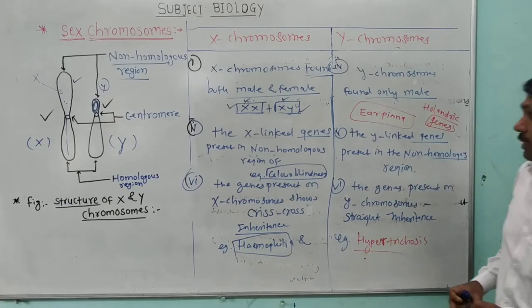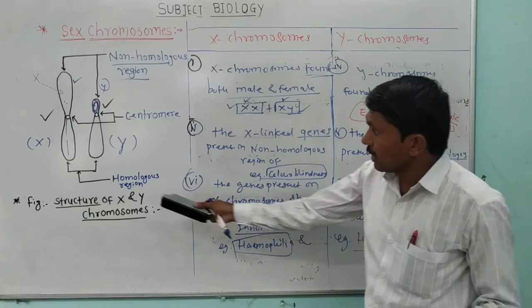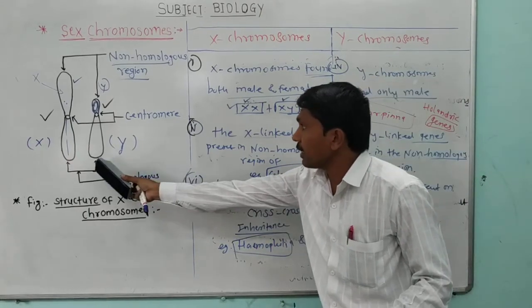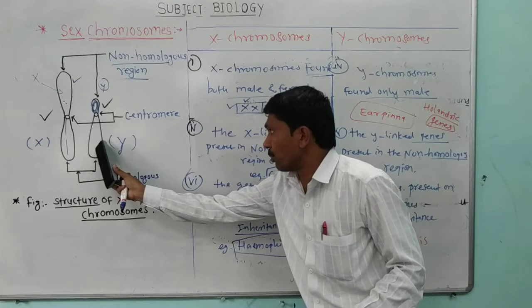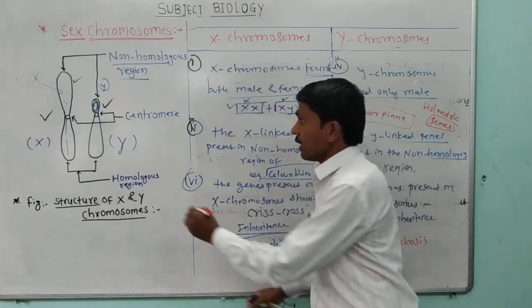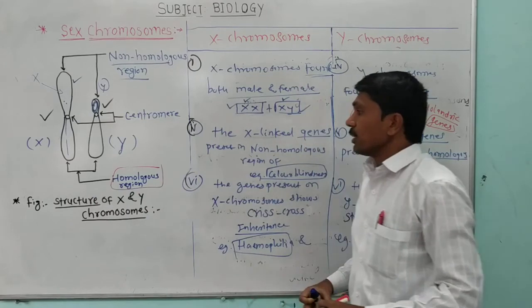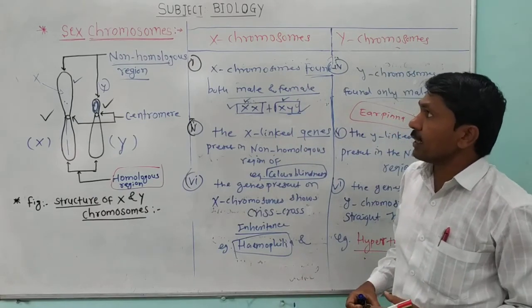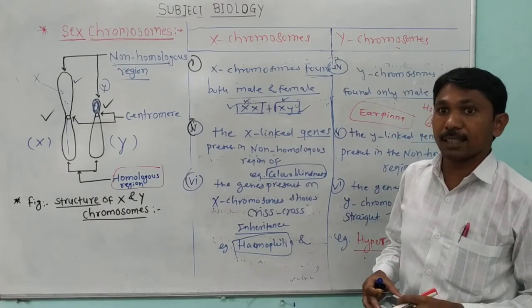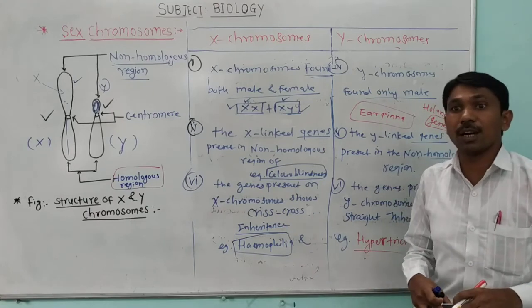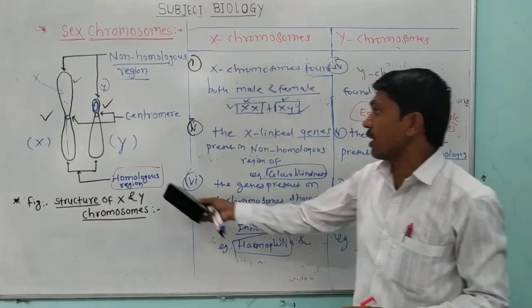In the last point, the homologous region of the X and Y chromosome shows incomplete linkage or incomplete sex linkage, because crossing over occurs in the homologous region of the X and Y chromosome.